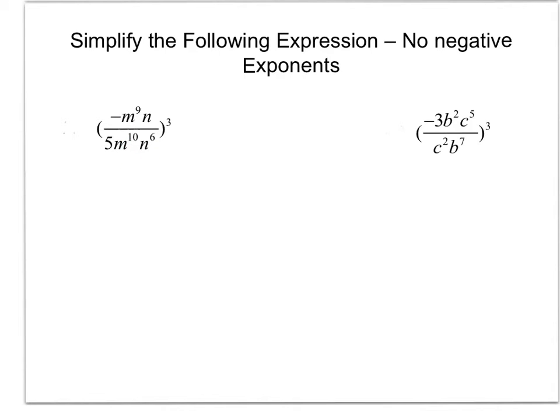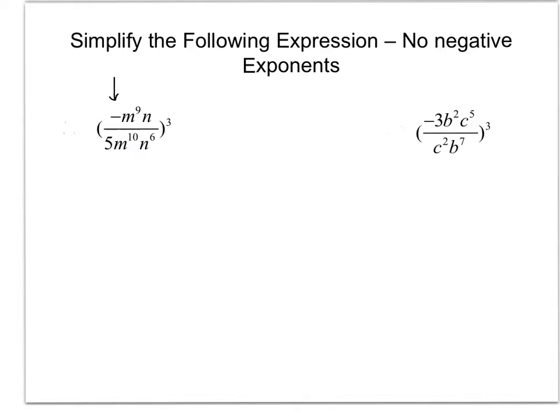And so we're going to go ahead and do this one first, and we're going to simplify this. A couple things that we need to keep in mind. This negative right here is going to the m. What you want to think about is the m is being multiplied by -1.